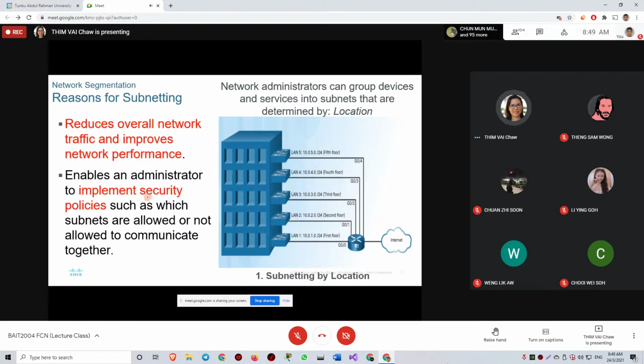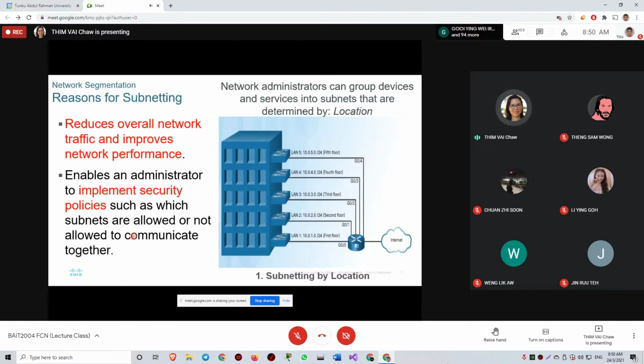If your program structure has advanced computer networking, you will learn about security policy. Certain configurations can block traffic, so that it determines which subnets are allowed or not allowed to communicate with each other.